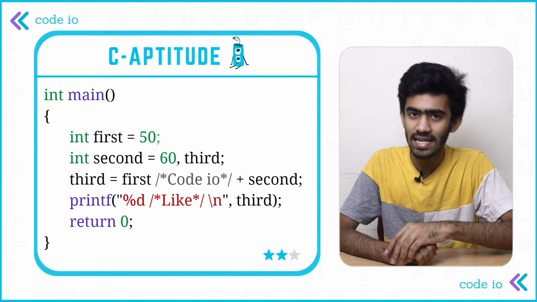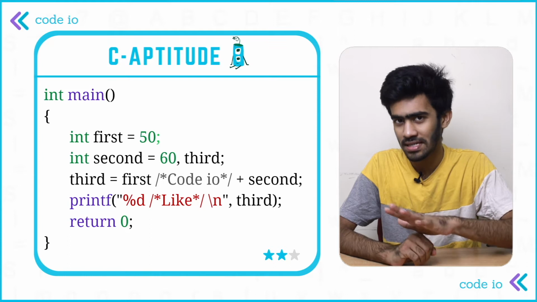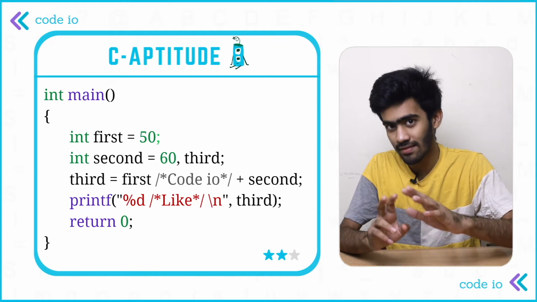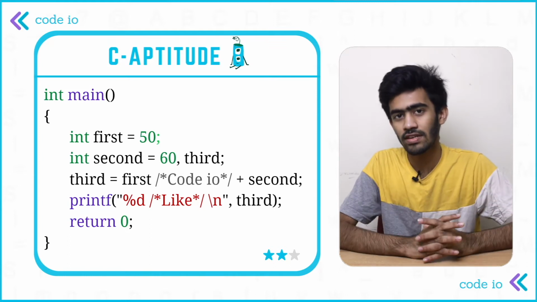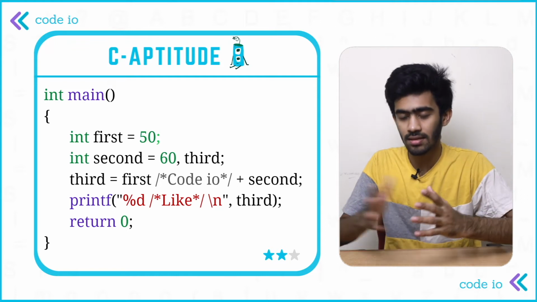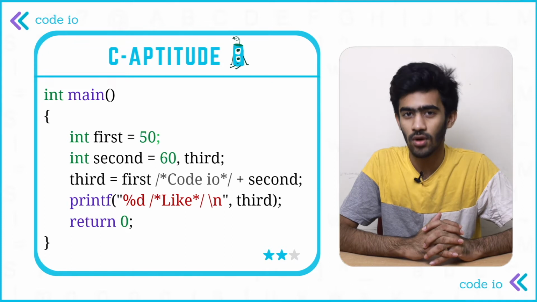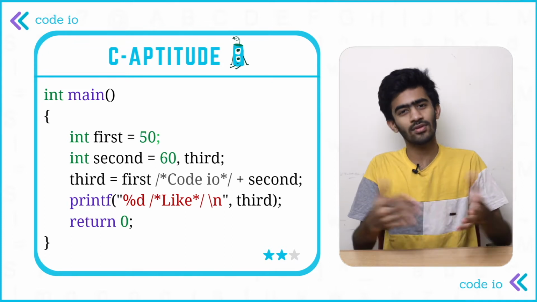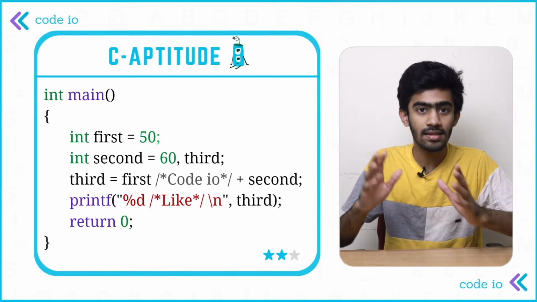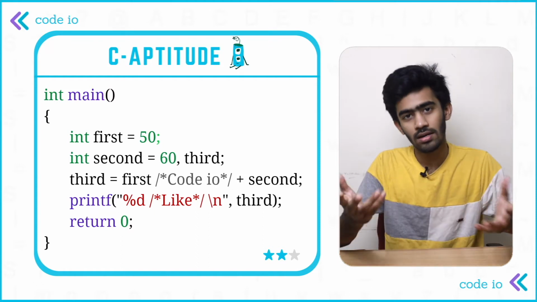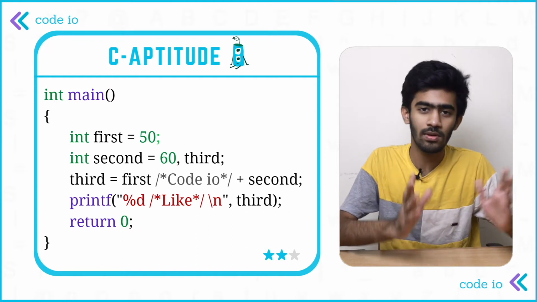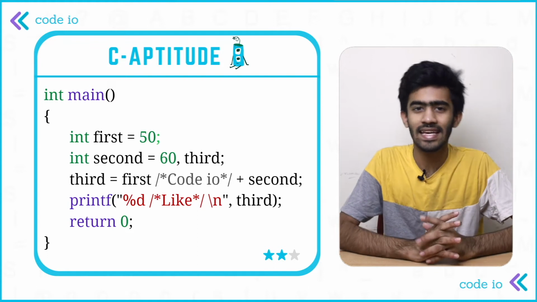Okay, we'll move on to the next statement. So printf %d like is given as a comment as usual. What we have given outside the printf statement, that is above the printf statement, is code.io, and then we have \n, so it is going to move on to the next line, and then the variable third is being printed with %d, so the value will be printed first, and then we have this like comment.